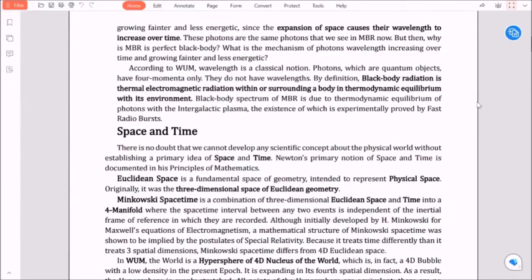Although initially developed by Minkowski for Maxwell equations for electromagnetism, the mathematical structure of Minkowski spacetime was shown to be implied by the postulates of special relativity, because it treats time differently than it treats three spatial dimensions. Minkowski spacetime differs from 4D Euclidean space.